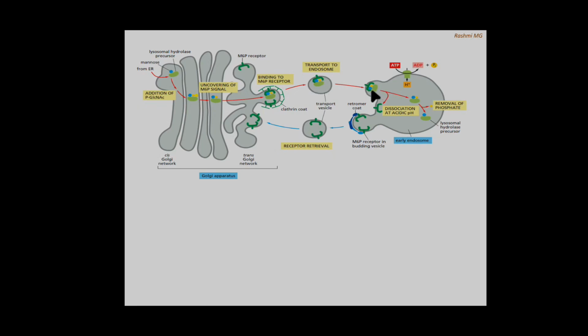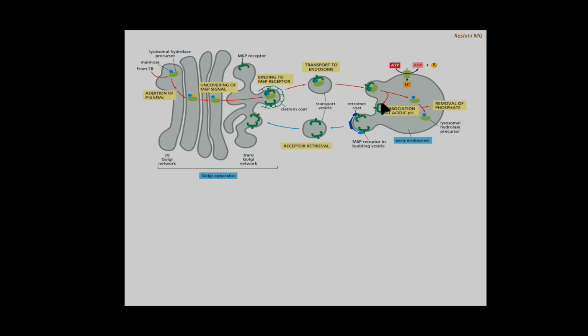Right, when they come inside the late endosome, there is removal of phosphate from the enzyme by the phosphatase enzyme, and there is dissociation of the M6P receptor from M6P because of the acidic pH inside the endosome.